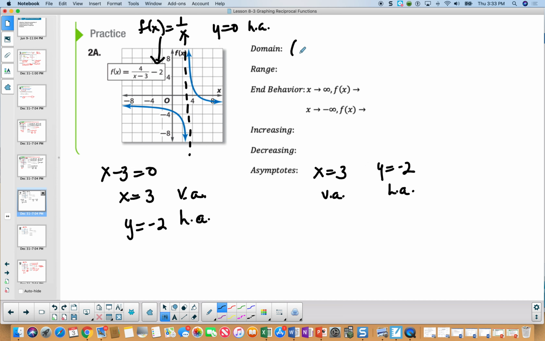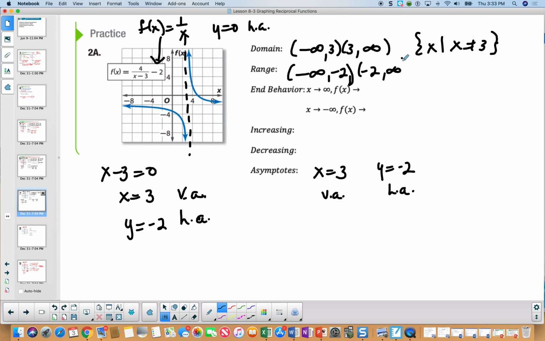My domain is, remember, I can't have 3, -infinity to 3, 3 to infinity, or in set builder notation, x cannot equal 3. Range, -infinity, and I can't reach -2, and then from -2 to infinity, and set builder notation, y such that y cannot equal -2.